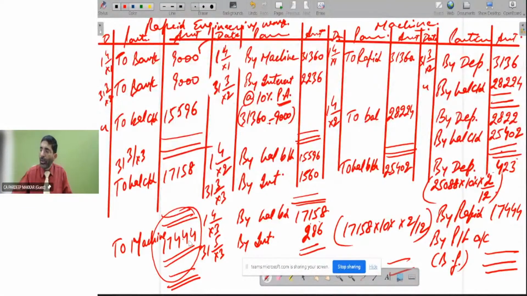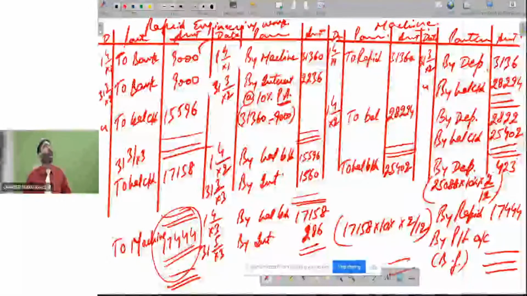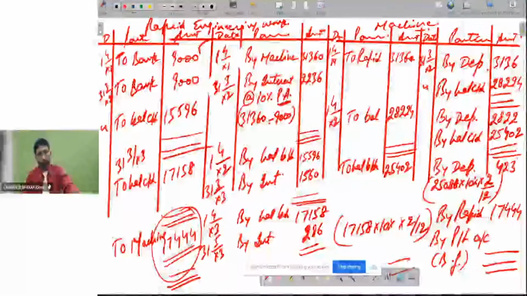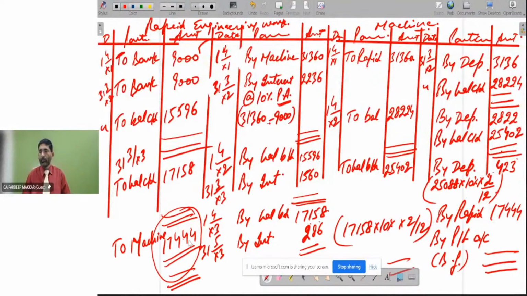Get the balance figure, that is the loss on repossession. Guduri, it is wrong.